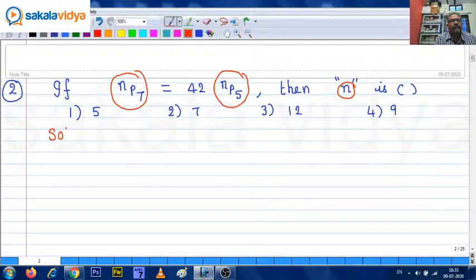Now the solution. nP7 means 7 blank places are filled with n objects without repetition.